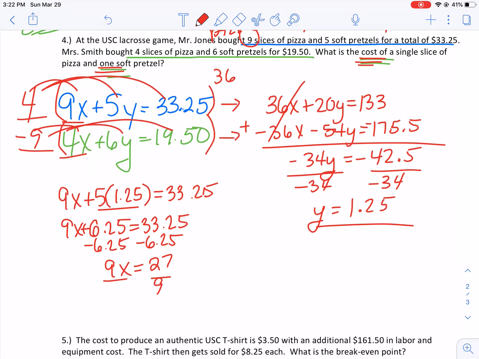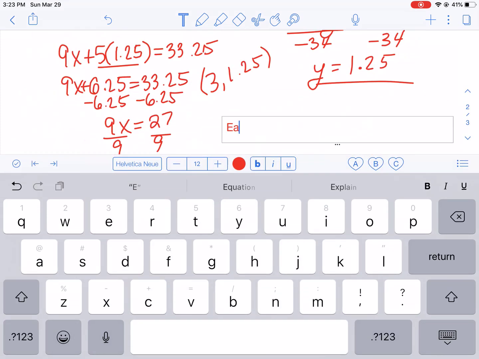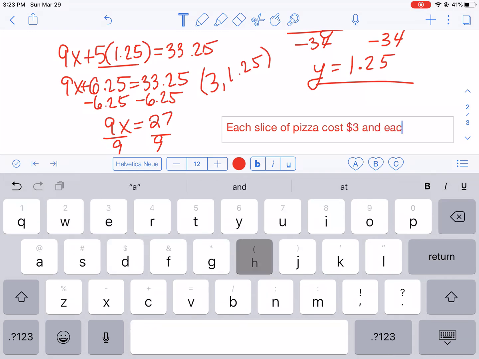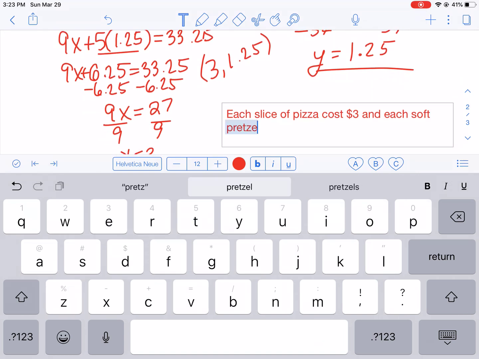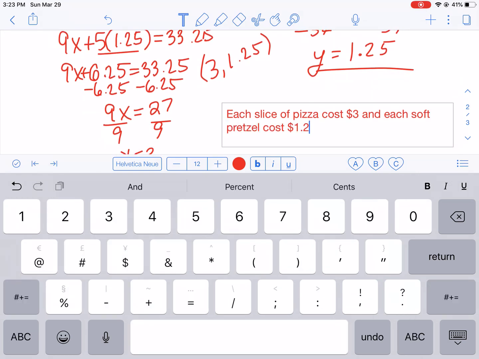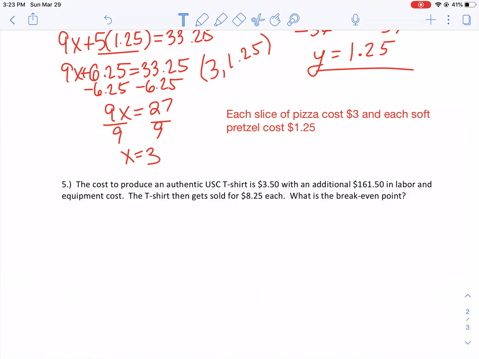Divide both sides by 9. X equals 3. So my solution is really 3, 1.25. But what does it mean? Well, each slice of pizza costs $3, and each soft pretzel costs $1.25. Word problem has a word answer.